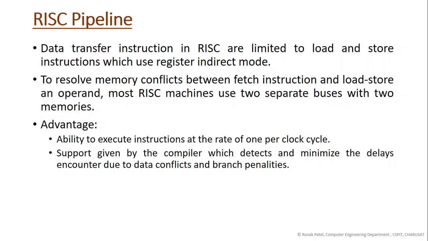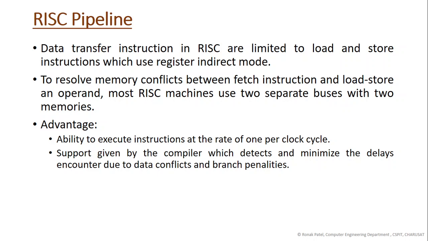So what is the advantage? The advantage of this RISC pipeline is its ability to execute instructions at the rate of one clock cycle, right? Its sub operations are such that one segment can be executed in one clock cycle, which is difficult in a CISC kind of architecture, right?